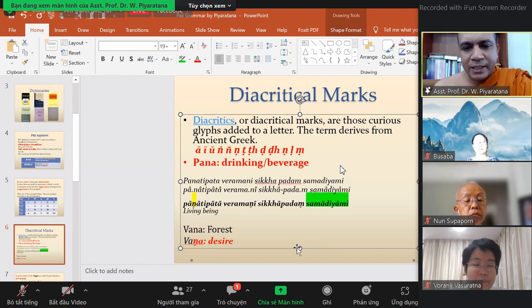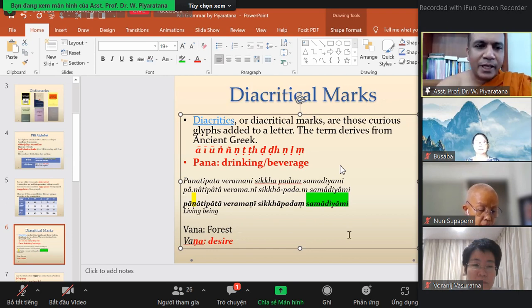Just like some terms, dahana and dahana, they have different meanings. I just want to remind you that when you use diacritical marks, they bring different meanings. If you ignore the diacritical marks, it might be difficult to understand what exact meaning is intended by these words.